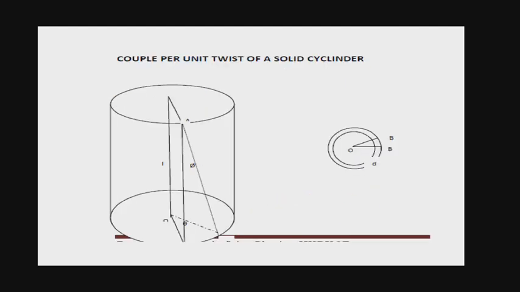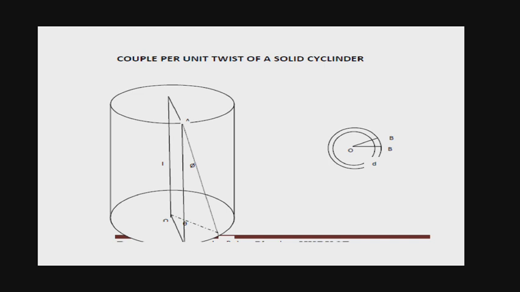So, next, couple per unit twist of a solid cylinder. Consider a cylindrical rod of rigidity modulus eta, length L, radius R, fixed at one end and twisted at the other end through an angle theta by a couple.